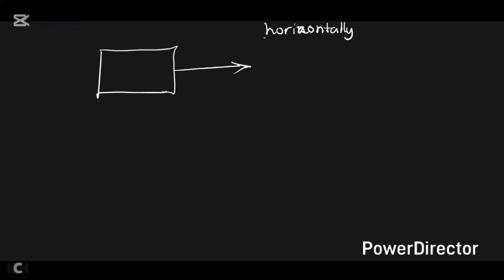For example, I have an object like this, and I'm pulling it horizontally, not at an angle. We have to identify the forces acting on this object. If this object is moving like that, the friction force will go the opposite way, like that.